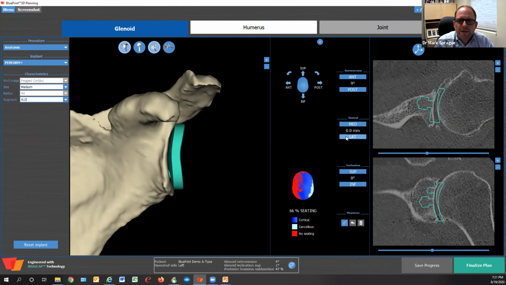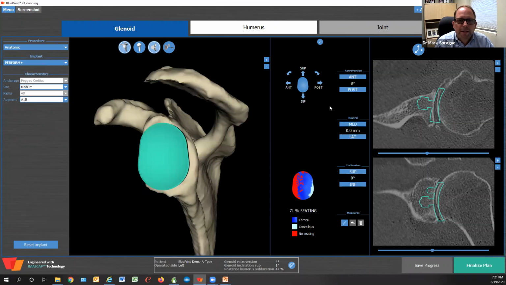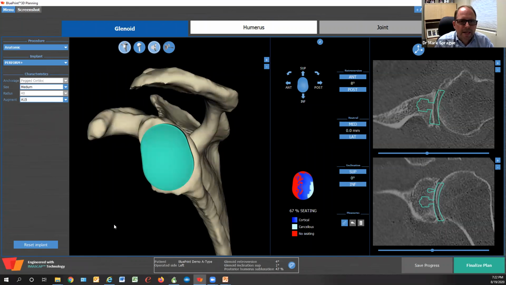Once I have the socket in a good position, I can make sure it's flush on the bone. Again, that's a little too far. I can go ahead and choose the appropriate size implant and place it where I need to put it. As you can see here, you can move it in different spots. And once that's done, this is the socket side. If I like this, I can select this.